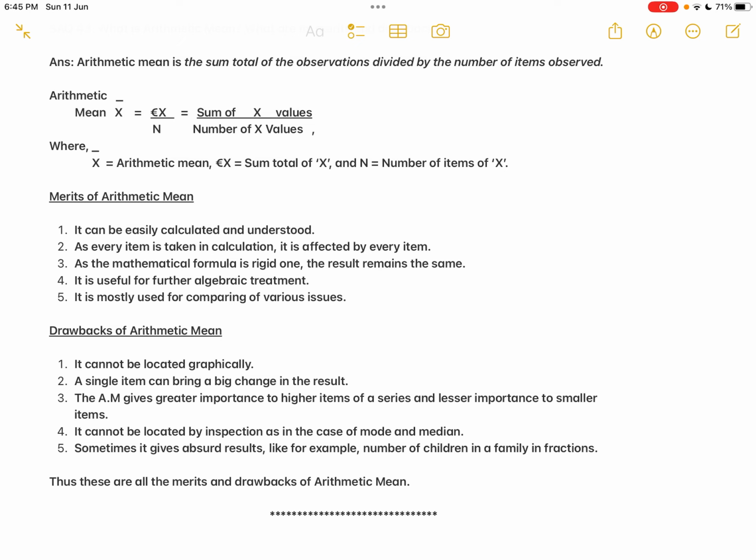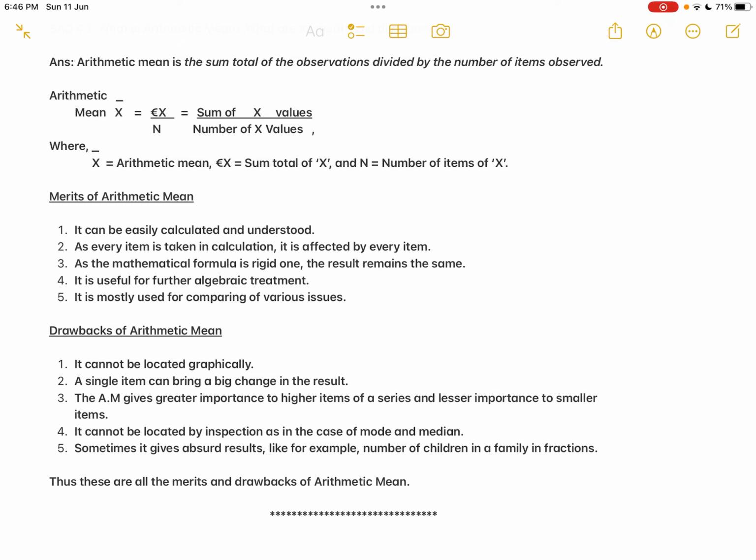As I mentioned, there are mathematical averages like arithmetic mean, harmonic mean, geometric mean, and positional averages like median and mode. Each of these fulfils some of the characteristics but not others. That is why we have merits and demerits for each type of average.